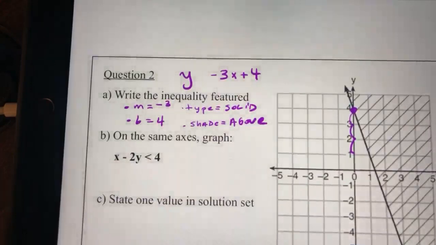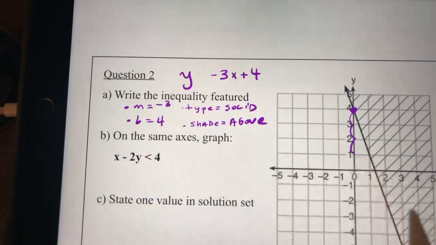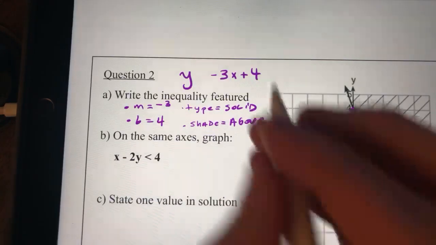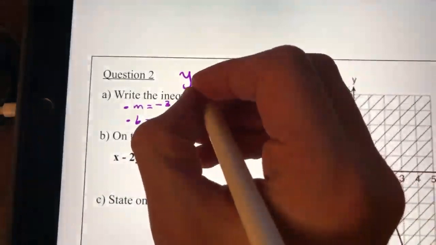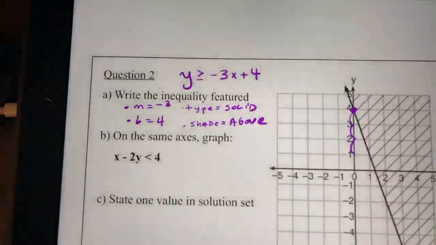And what type of symbol should I have? Since it is solid and above, what type of symbol should I have? Since it's solid, I know it's going to have an or equal to, and since it's above, we think greater than. So that's the inequality line that's already graphed.